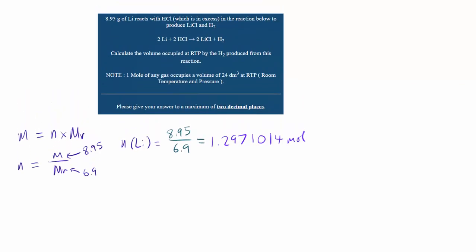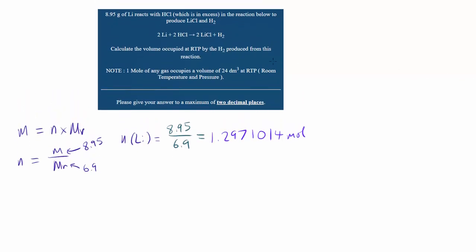With this value, we need to consider the balanced equation and what's going to be the actual number of moles of hydrogen. We can see there's a coefficient of 2 next to the lithium, and for hydrogen the coefficient is 1, though when it's a 1, you don't need to write it.